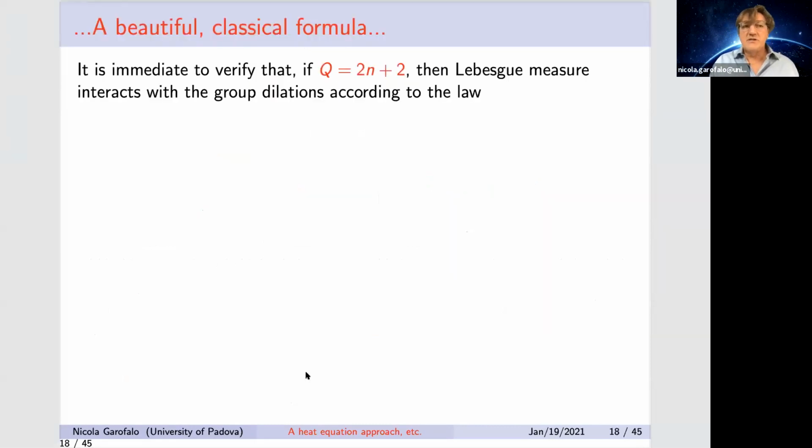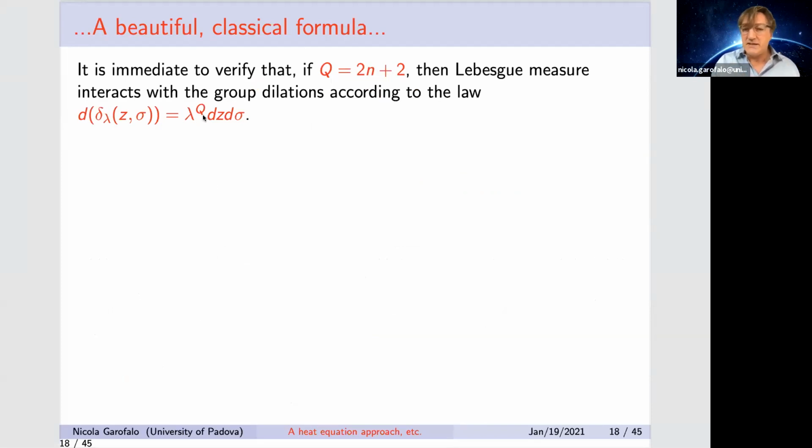These dilations immediately identify a number, which is this one. This number is bigger than the topological dimension, because the topological dimension is 2n+1. And the Lebesgue measure interacts with these dilations according to this formula. So for all practical purposes, you have to think of this number as a dimension.